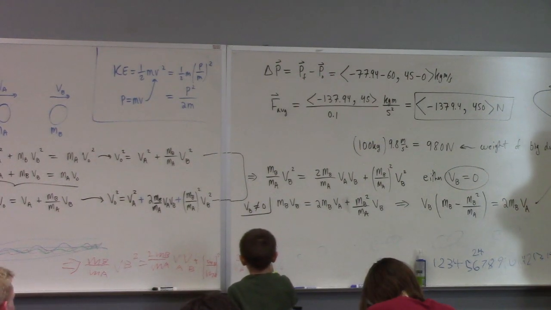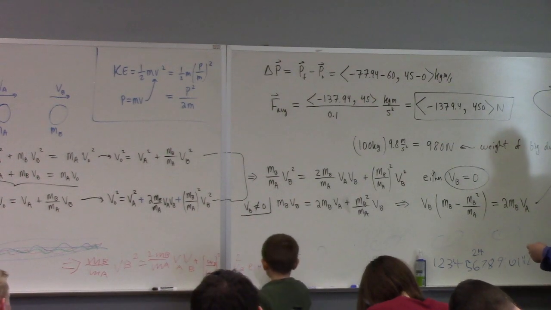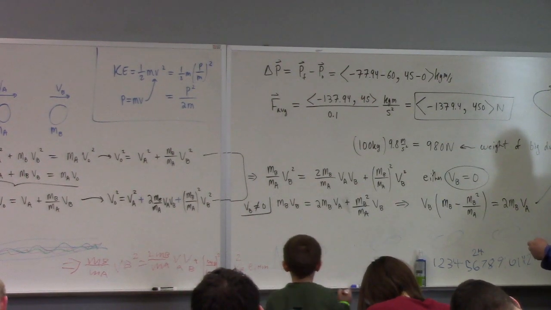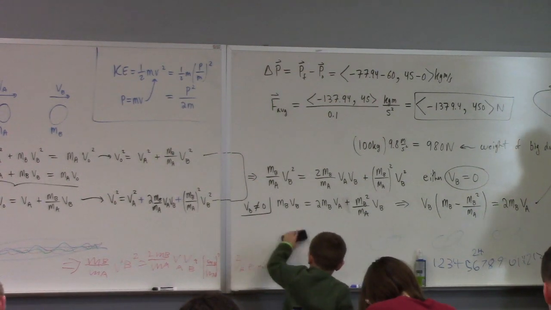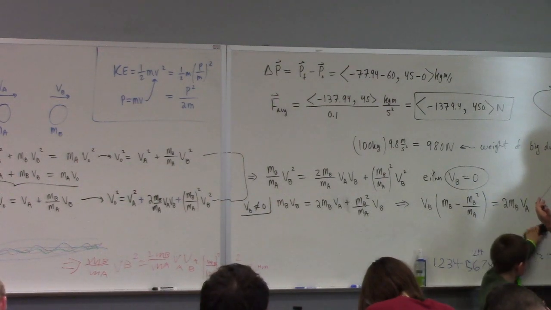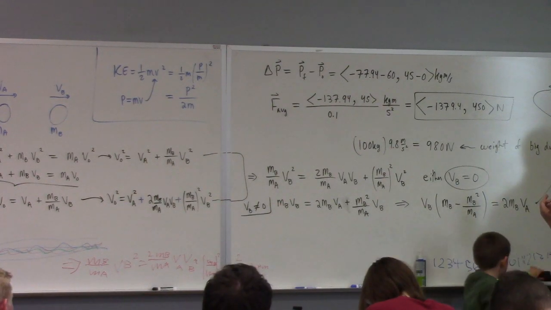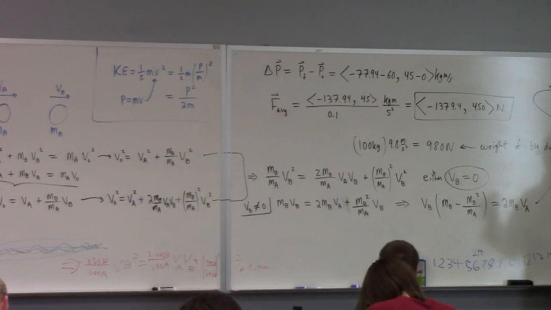All right, so therefore, we have the equation VA is, like you said, 1/2. I guess we could write that MA minus MB over MA if we wanted, right? Times VB, right?